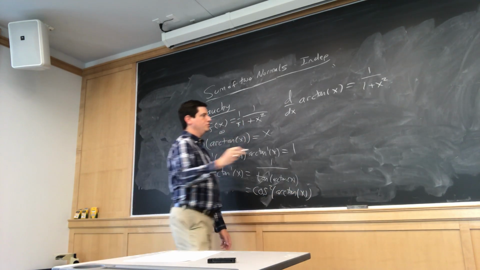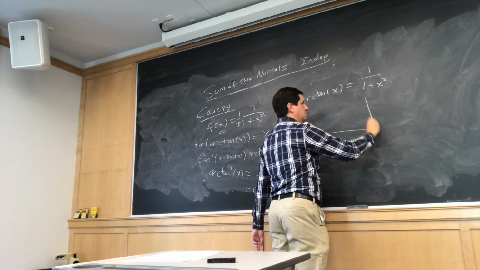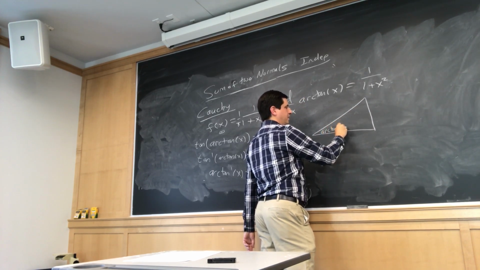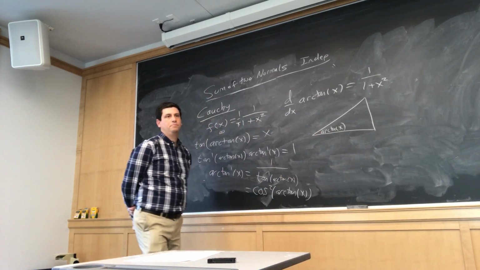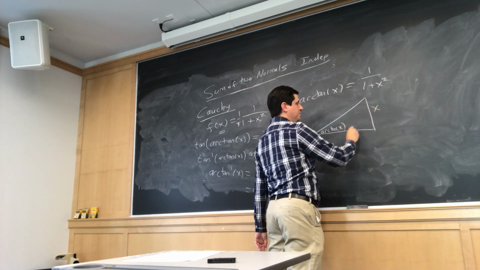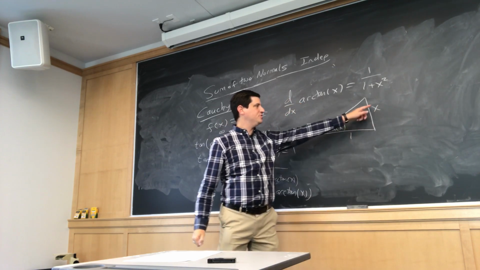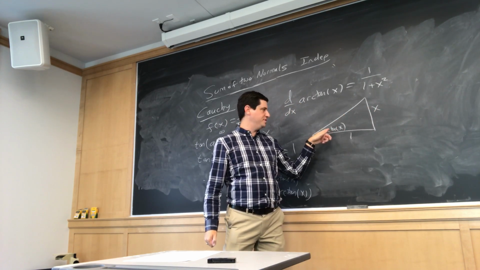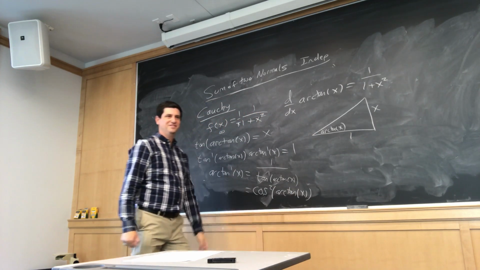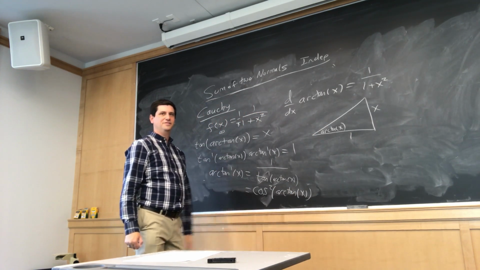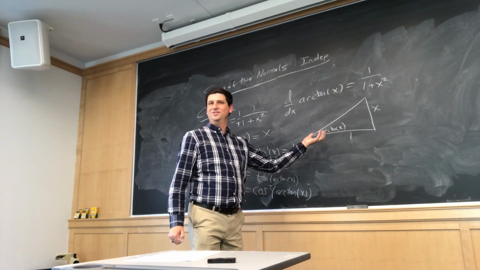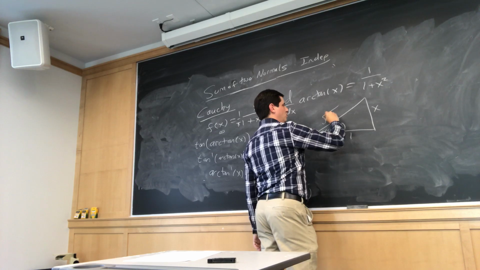All right, let's draw a triangle. Here is arctangent of x. If I choose this side to be x and this to be 1, then here is a triangle where the tangent of this angle is going to be x. What's the hypotenuse going to be? The square root of 1 plus x squared.